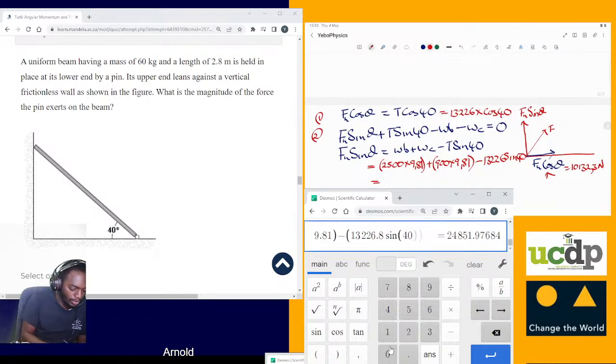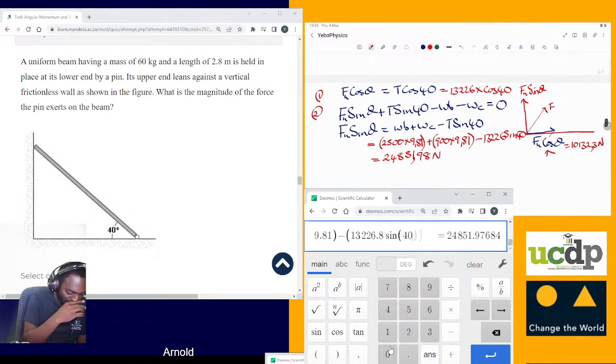I'm going to punch this. We get 4,851.98. Okay, and we said to get the resultant F would be the square root of the vertical component squared plus the horizontal component squared.